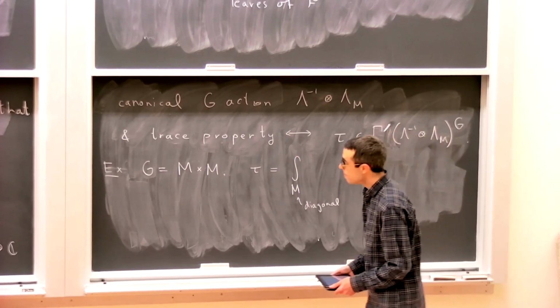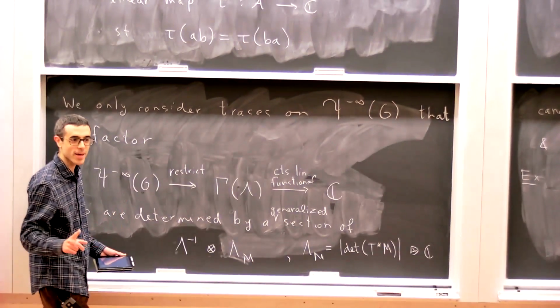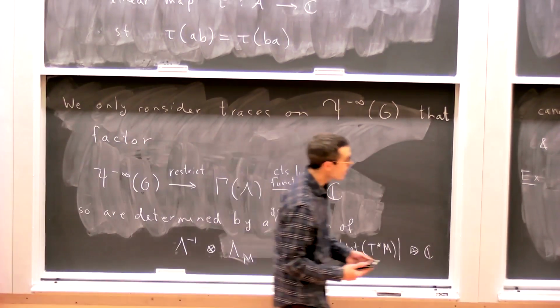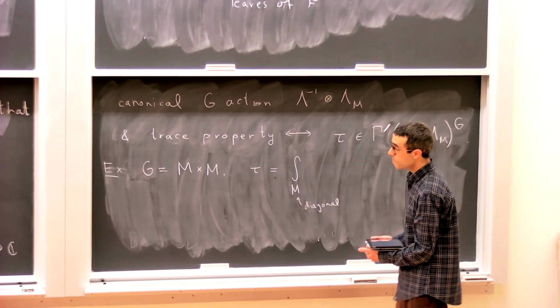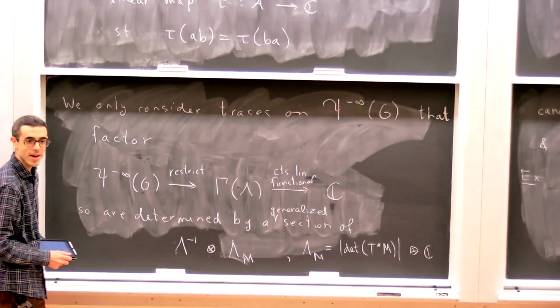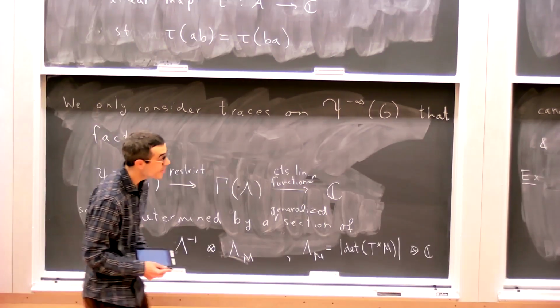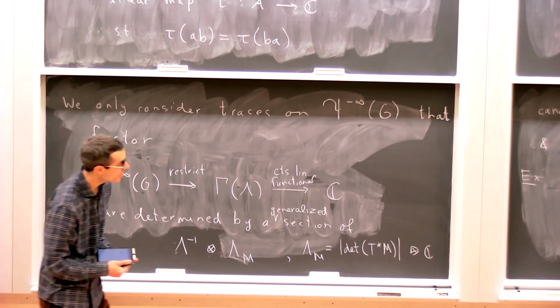In that setting, lambda inverse, lambda and lambda m are the same, so this is just a trivial bundle. This corresponds to the constant section 1 of that trivial bundle. But as a functional on psi minus infinity G, it's just integration of a density along the diagonal in M cross M. So it's the ordinary trace on smoothing operators.